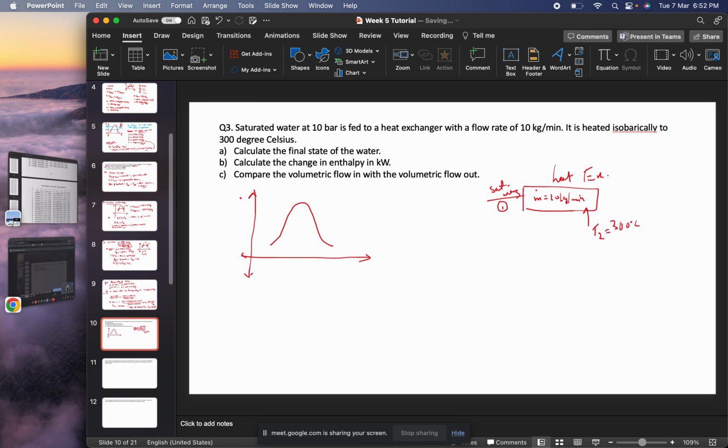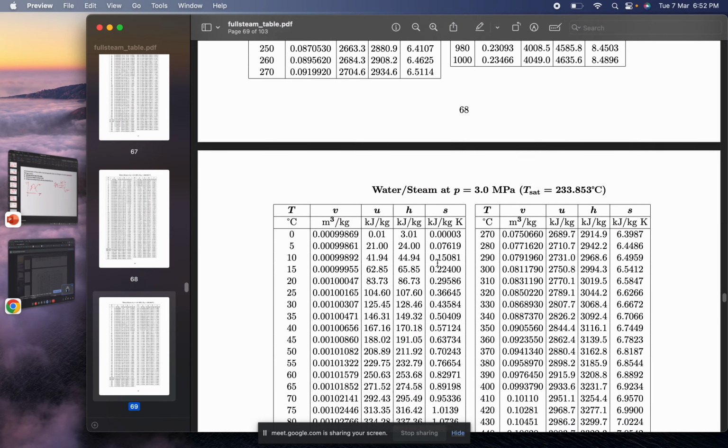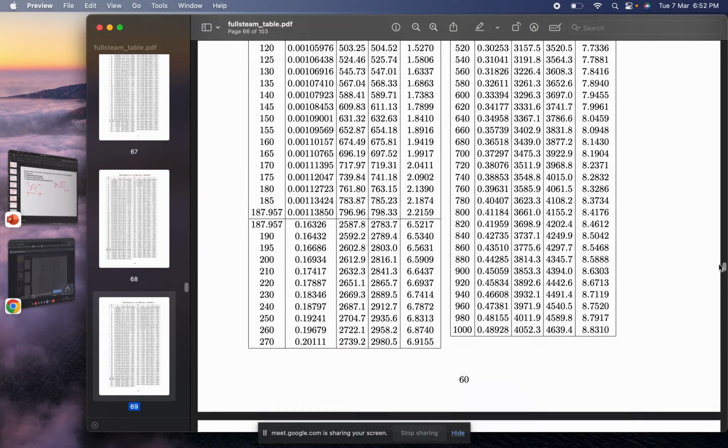Once again focusing on the TS diagram, this is my constant pressure line, and at 10 bar all the things are happening. It is going from this point, my point number 1. Now we need to find where my point number 2 is. At 10 bar, that means at 1 megapascal, we will see what the T saturation value is.